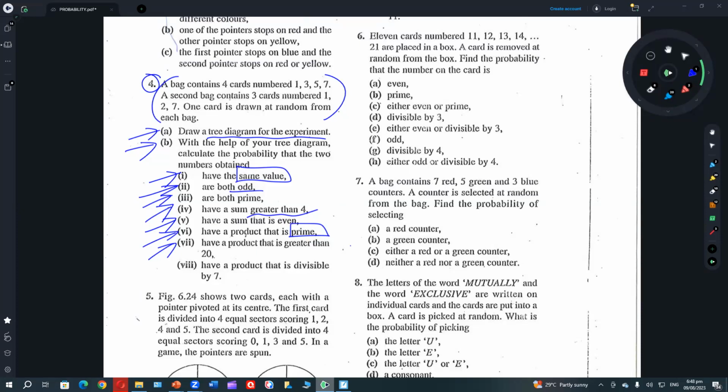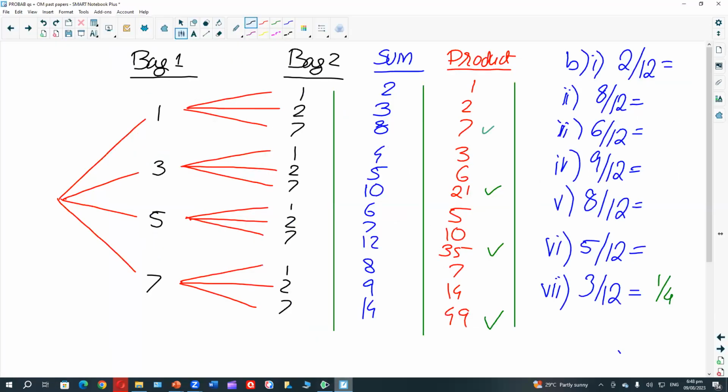Please quickly check. No, so I think it's 3 because it says greater than 20. The product greater than 20. We are doing part number 7.